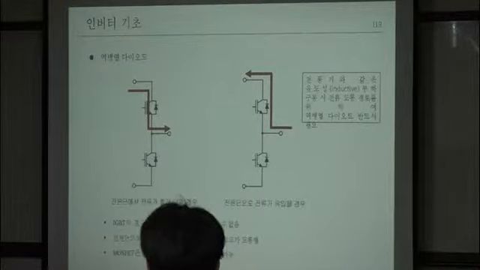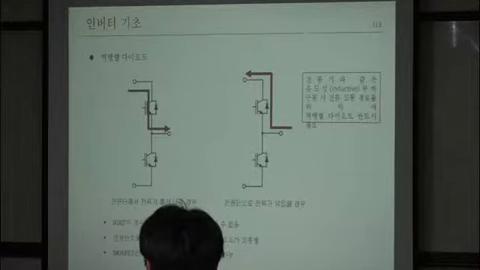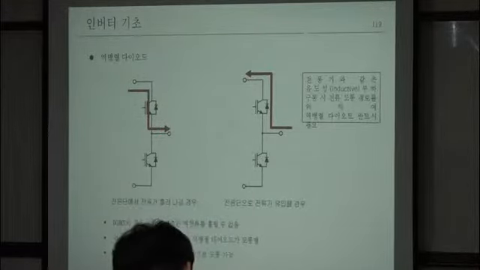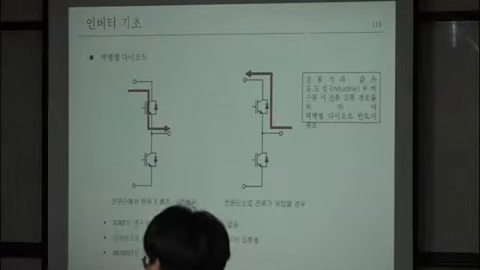And as I told you, the performance of the anti-parallel diode is very, very critical to increase the performance of your entire power conversion system. For example, you know that there are several types of diode: the general purpose diode, fast recovery diode, ultra fast recovery diode, and also the Schottky diode.